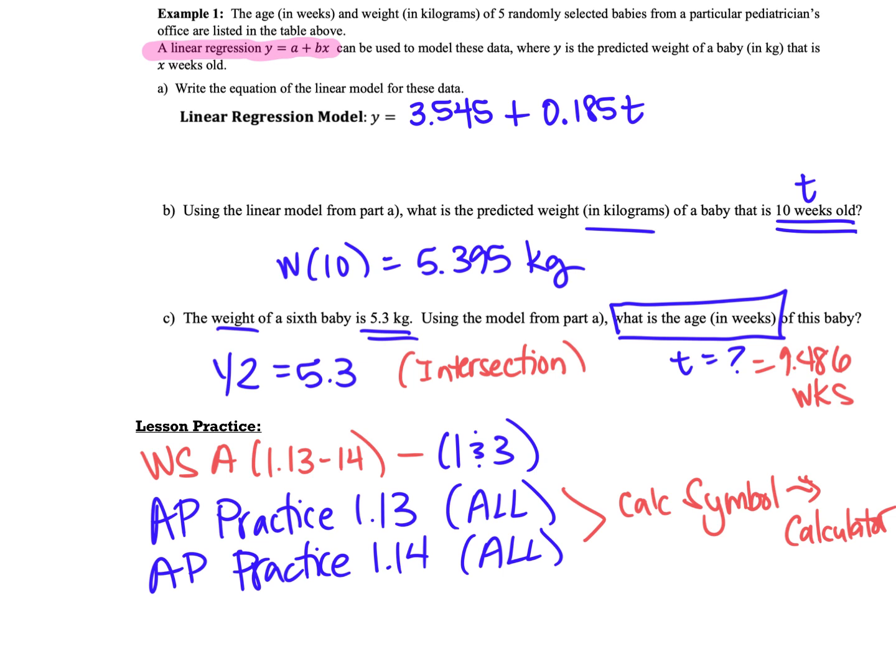Your study guide, I think, has 12 questions on it. The test is 15 multiple choice and then 1 free response. 13 are non-calculator, 2 are calculator. That will eventually even out, not completely, but you'll get like 5 that are calculator. But we're just not there yet.